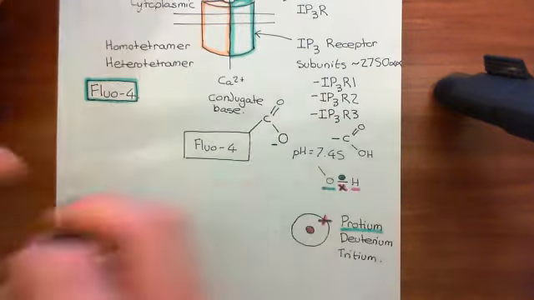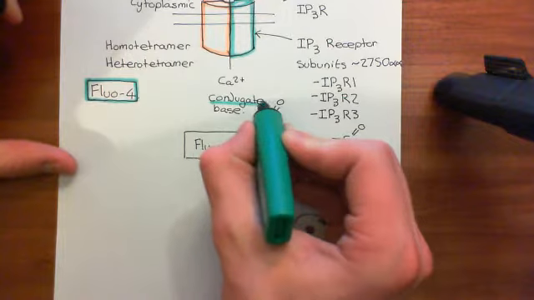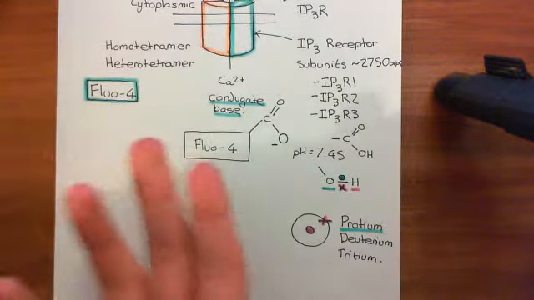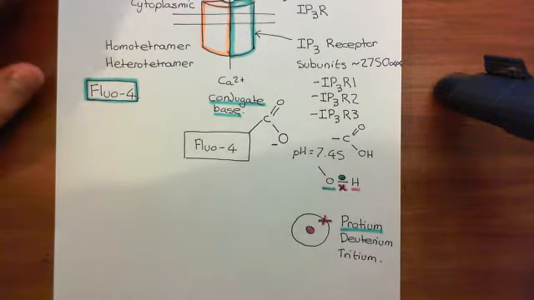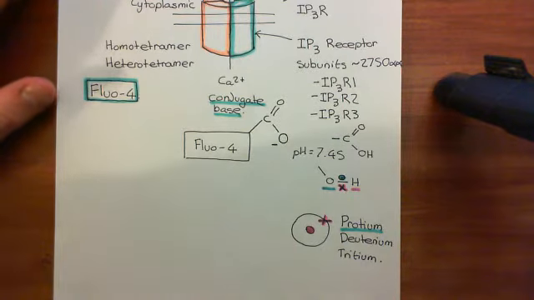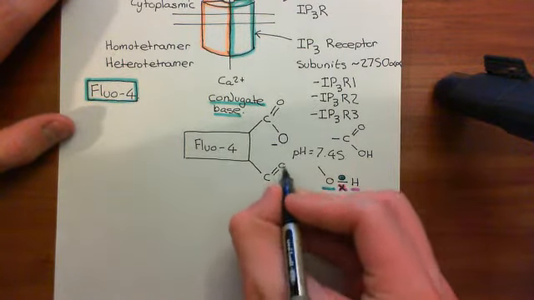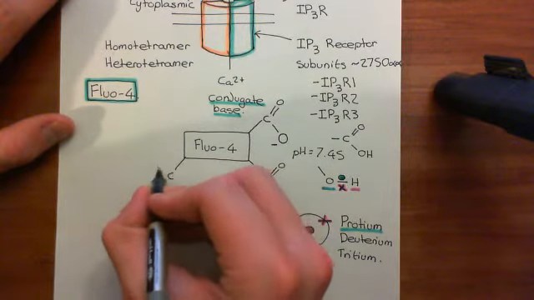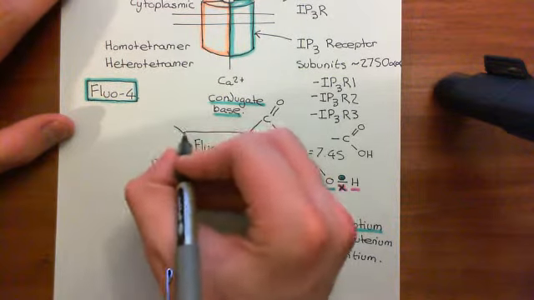Okay, and this is a running theme for all acid molecules, that once they've donated their protons away, the molecule that you have left is no longer an acid molecule because it's not capable of donating protons away into solution anymore. Instead, it's a base molecule because it's capable of accepting the proton back again, and it's called the conjugate base. Okay, so Fluo-4 molecules then, they have 4 carboxylic acid groups which all, under physiological pH, are in these conjugate base forms, as I'm showing here.